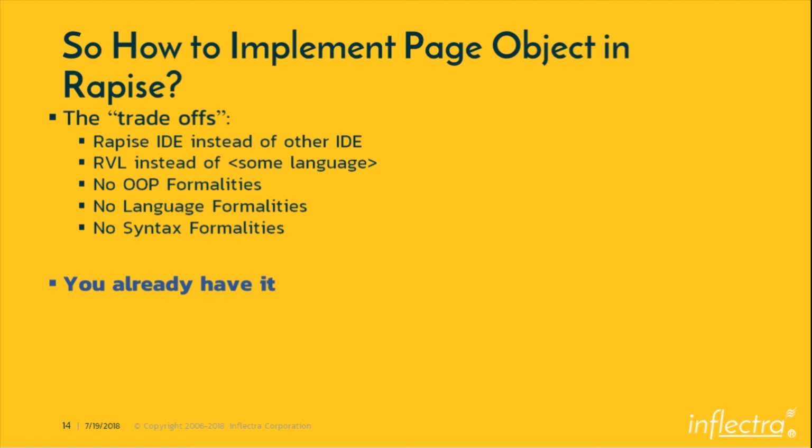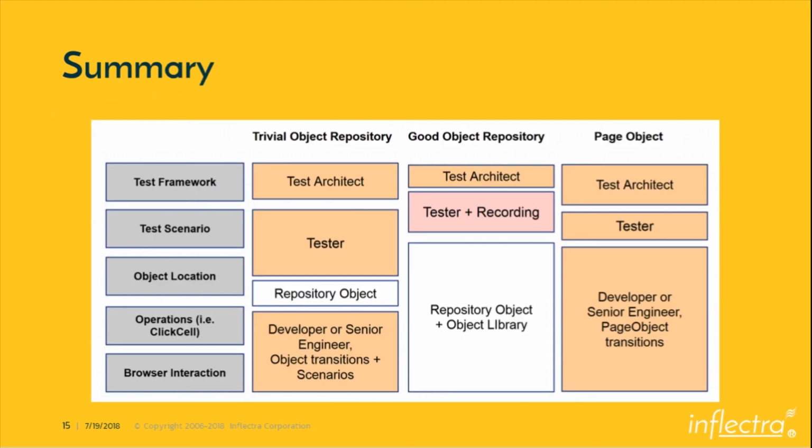You may consider Rapise as something that already has page object on board, but saying that it has just page object is a huge limitation, because it also has object repository bringing a lot of other useful features.